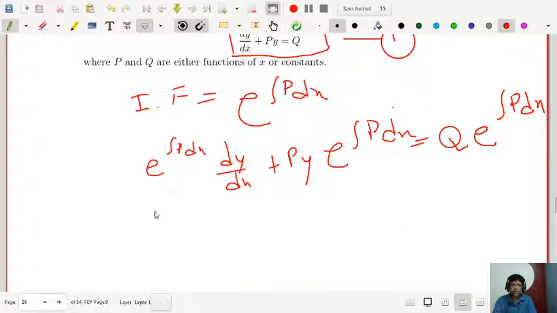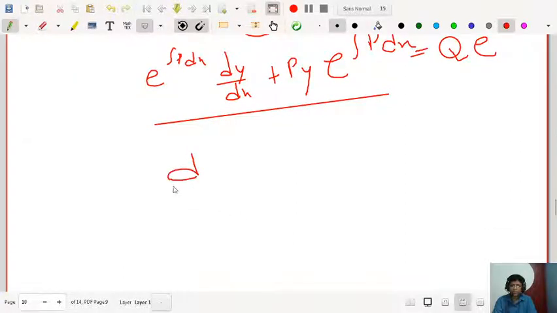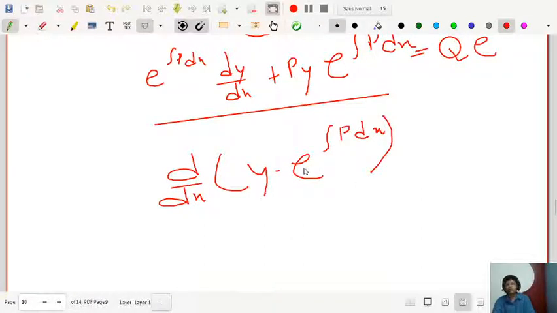And this equation can be jointly written as d/dx of y into e to the power integration p dx, just like a du form.